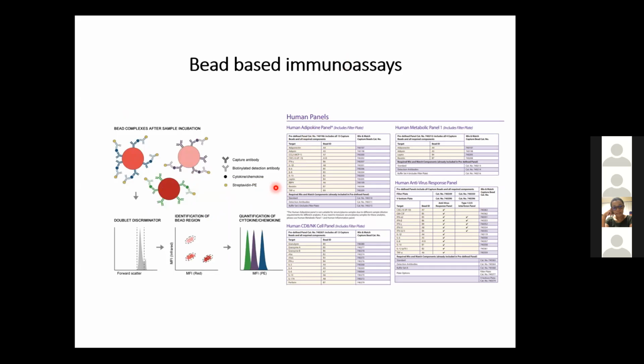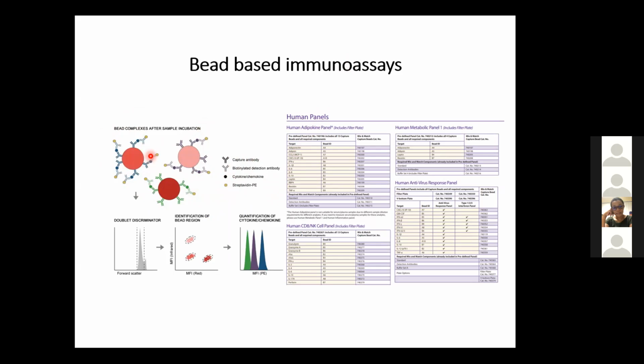So if you look at the approach for these bead complexes, it can be any molecule: hormones, cytokines, chemokines. But these are not in whole blood. So these are either in plasma, serum, or fluid. And then, instead of an immunocomplex forming, you actually have a bead complex forming.